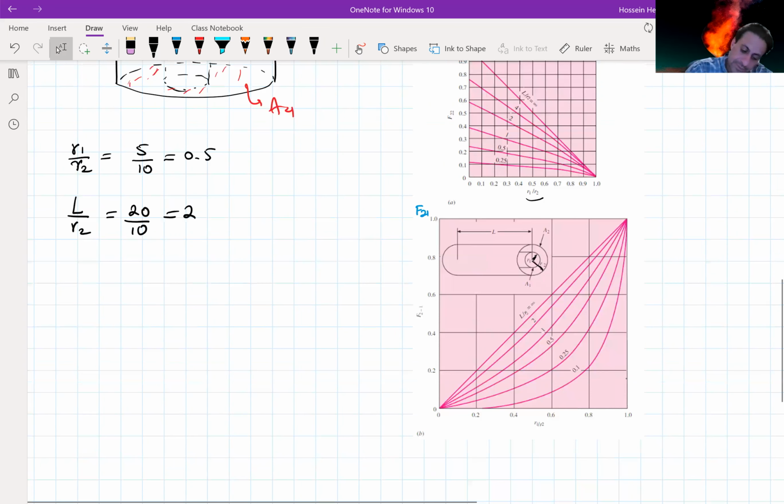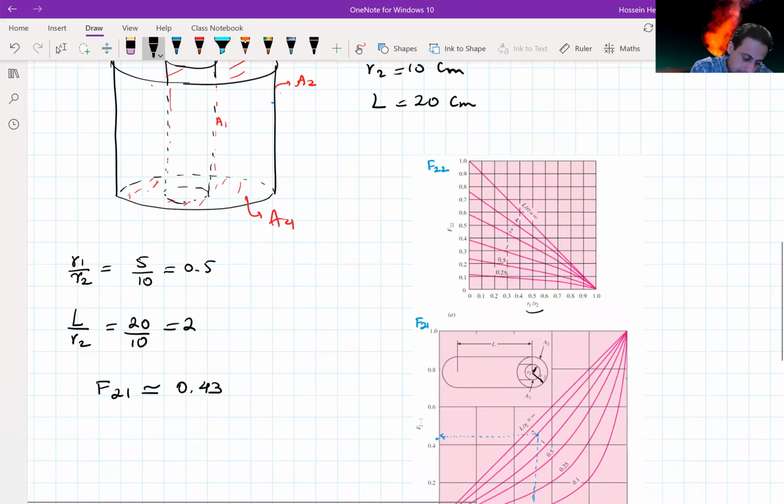Now by having them, I can read the values. If this is 0.5, all the way to L over R of 2, this is going to be the value of F21. If we read the graph, F21 is approximately 0.43.